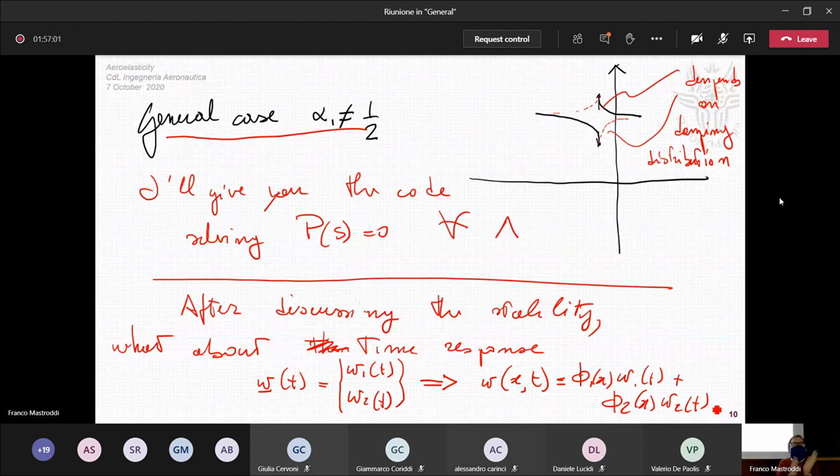I want to see a stable solution and an unstable solution for assigned flow or structural conditions. I want to see the stability or instability. Okay, this is the time solution.